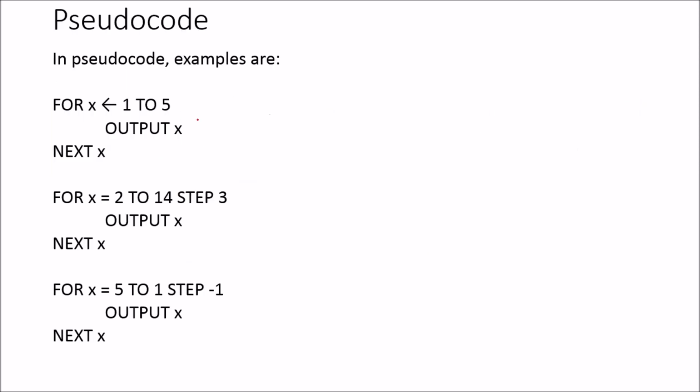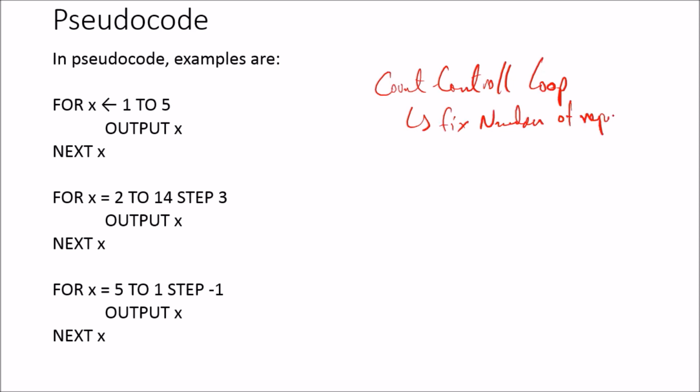There are a few examples when we are working with for loop. Remember one thing, for loop is your count control loop. That also means fixed number of repetition.